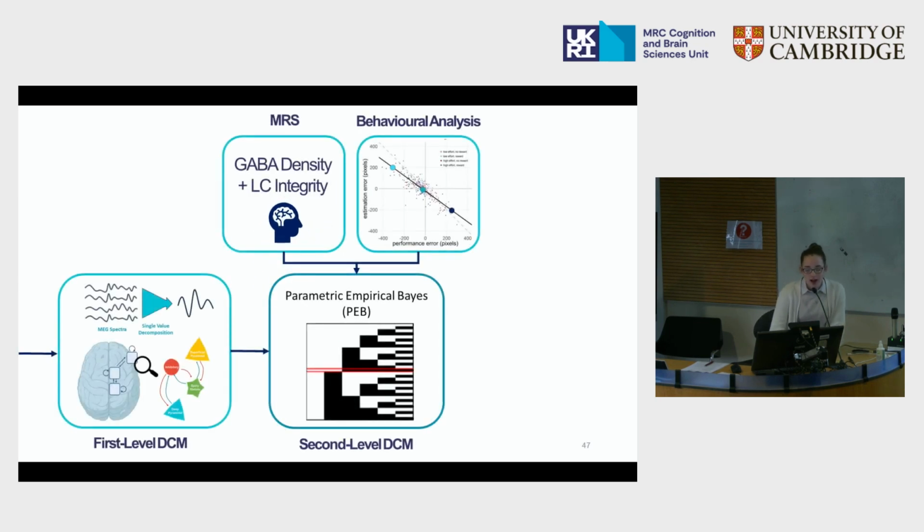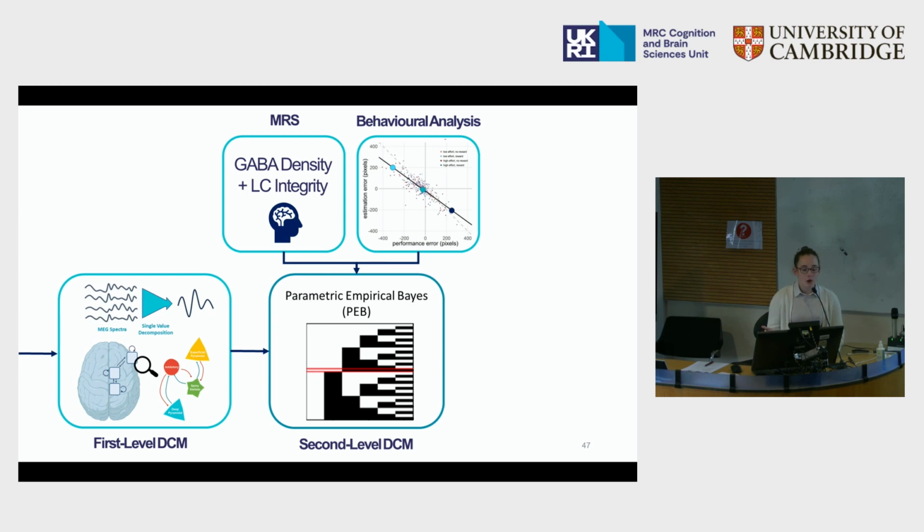So in my study, we ask patients and controls to do a task of apathy in the MEG scanner. We then model this using our second level DCM, using parametric empirical Bayes to identify which is the best model of the brain when they're doing this task.